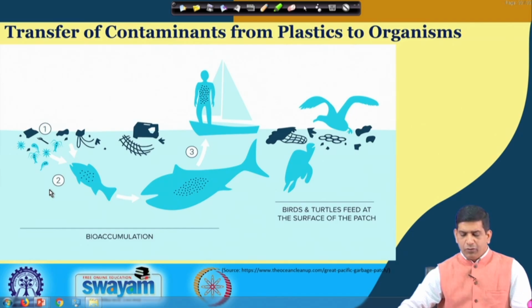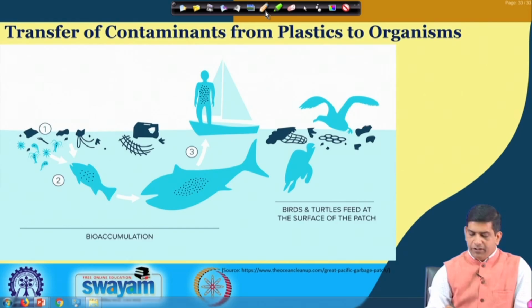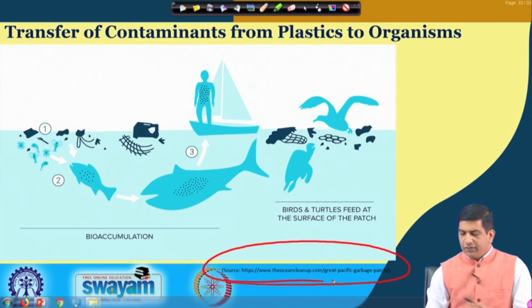If you put it in a pictorial way, which was done in this particular report, referenced at the bottom over here, you will get a copy of that as part of the reading material for this week.